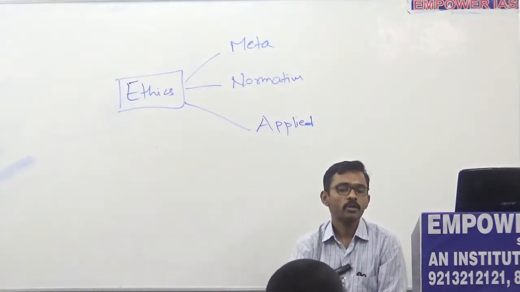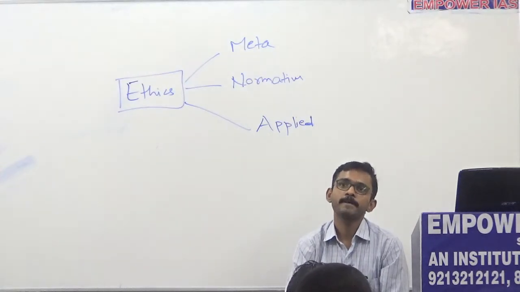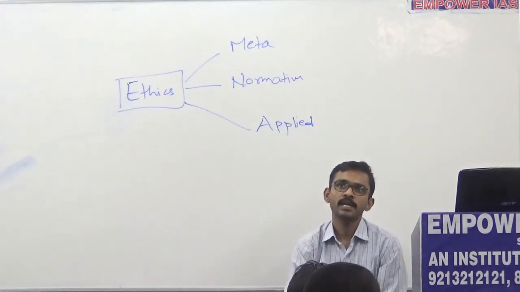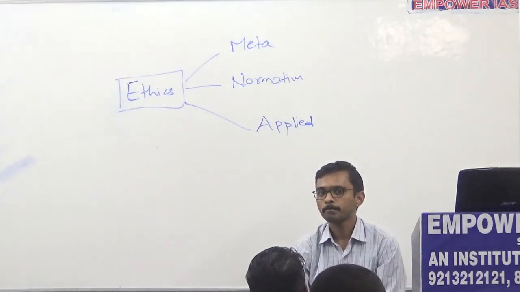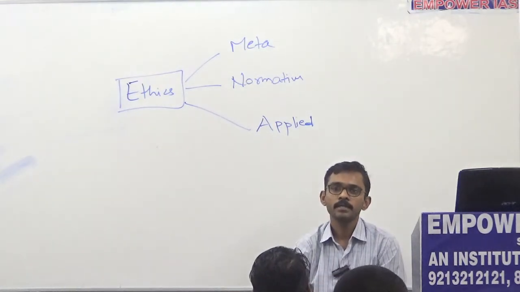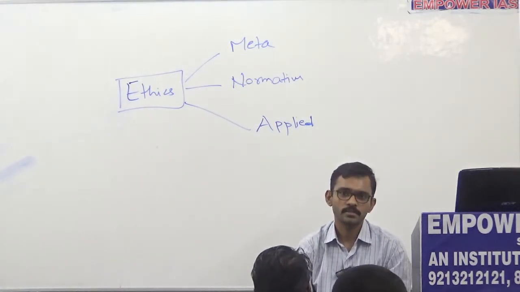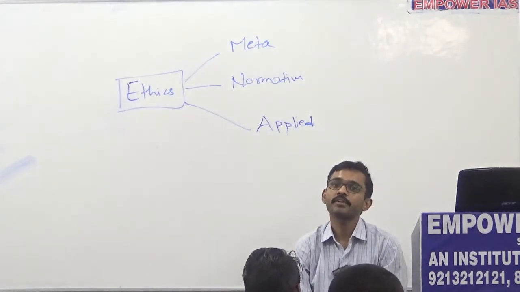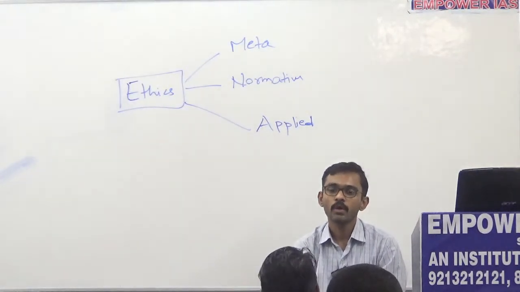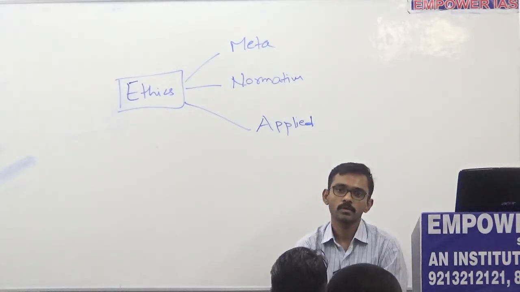Now, if a question comes that can regionalism and nationalism be reconciled? What will you write? Reconciled means can they be balanced? Is there an inherent contradiction between the two? Or can they be balanced? What will you write?